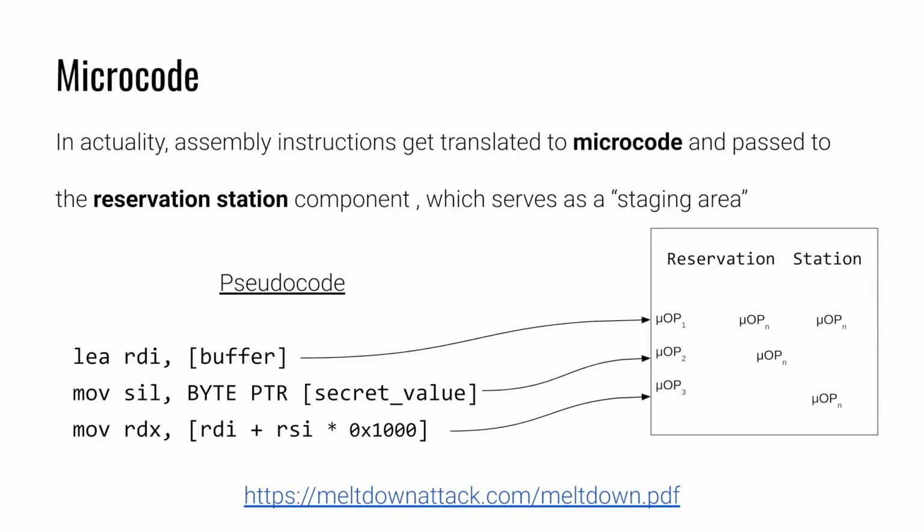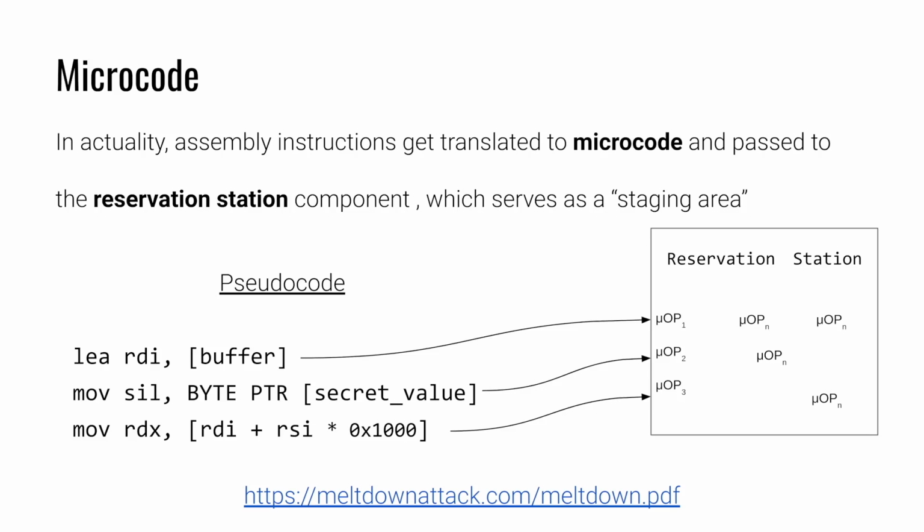In modern CPUs, the assembly instructions that we think of as the lowest level of machine code get broken down even further. These instructions get broken down into something that's known as microcode. This microcode flows through various components inside of the CPU.